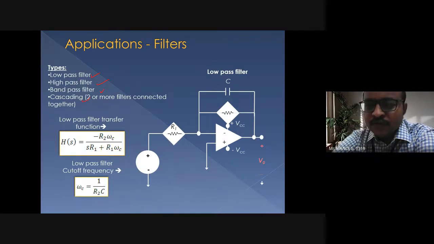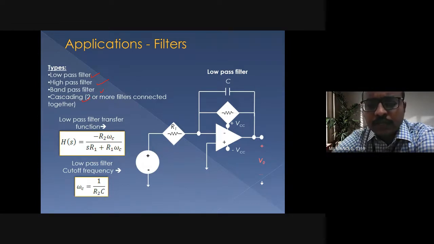Only allows low frequency. Okay, it allows signals which are below a particular frequency called the cutoff frequency. That is a low pass filter. High pass filter passes signals above the cutoff frequency. Band pass passes signals in between the two frequencies, between the lower and upper cutoff.